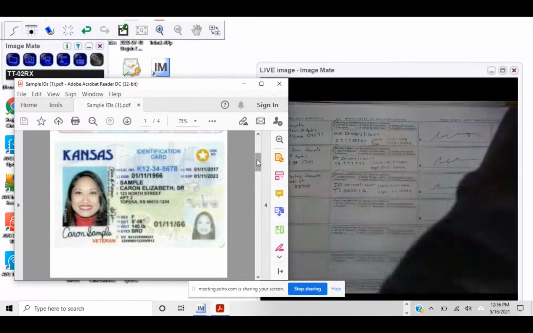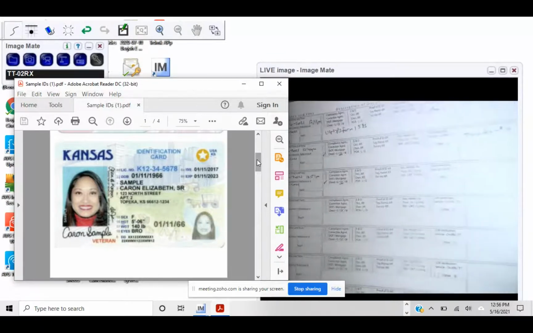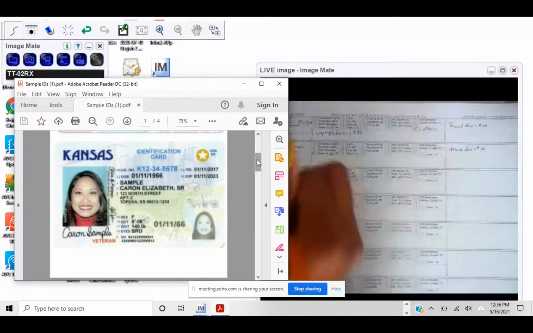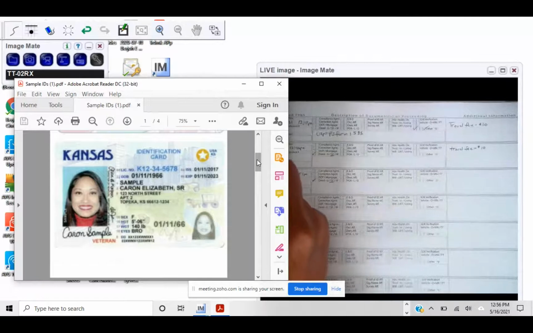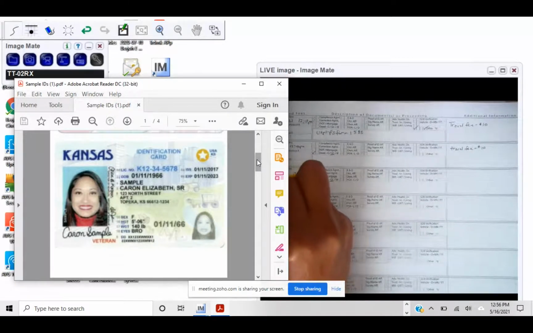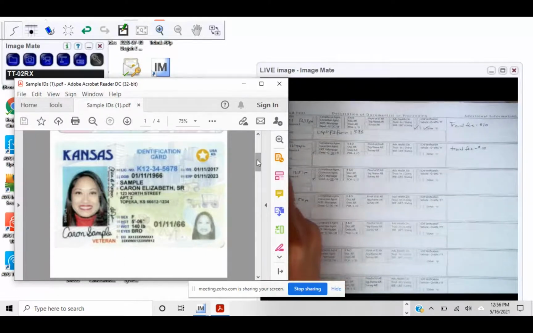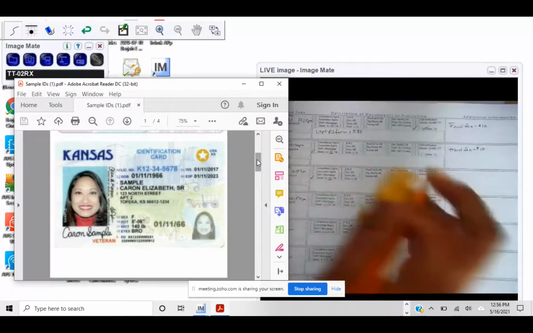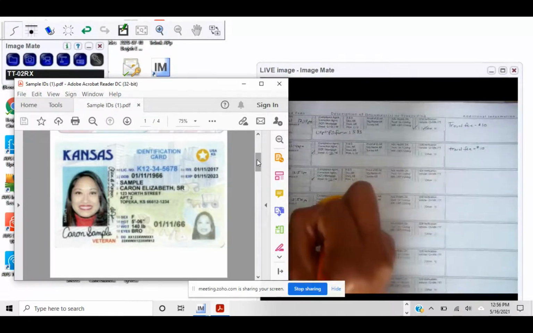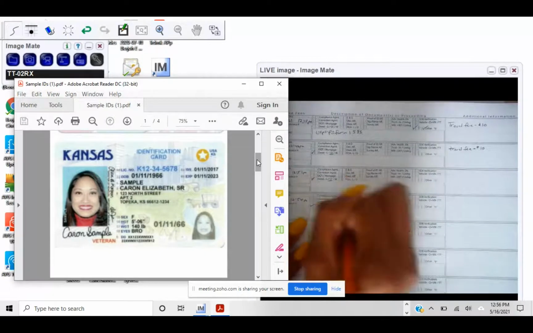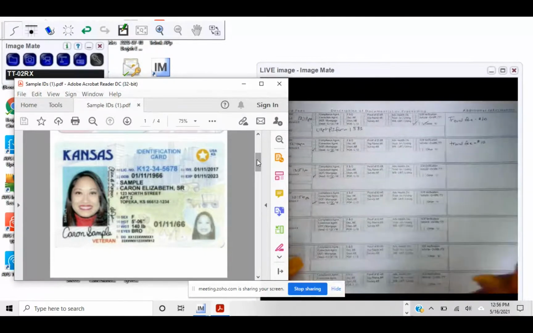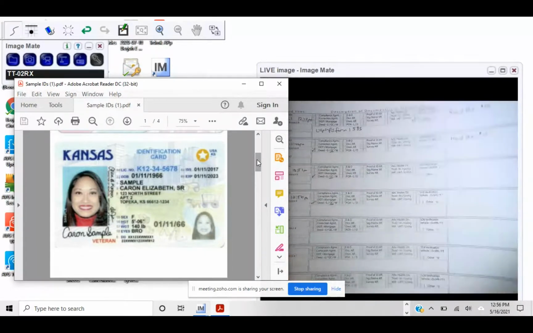Sorry, let me go to my first page here. Okay, we're doing a quitclaim deed acknowledgement, and I don't have any additional notes.